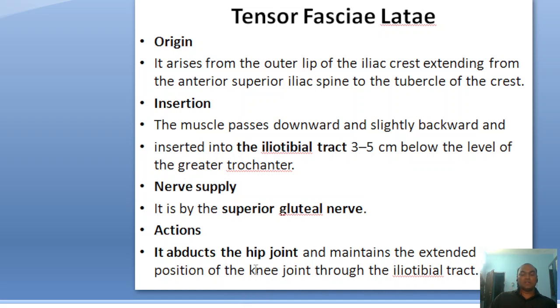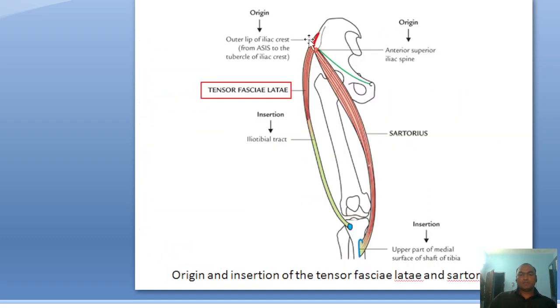So in this diagram, this is the tensor fasciae lata muscle. This is the iliotibial tract. This is the anterior superior spine. This is the pubic tubercle, and the tubercle of the iliac crest. So this is the origin of tensor fasciae lata.